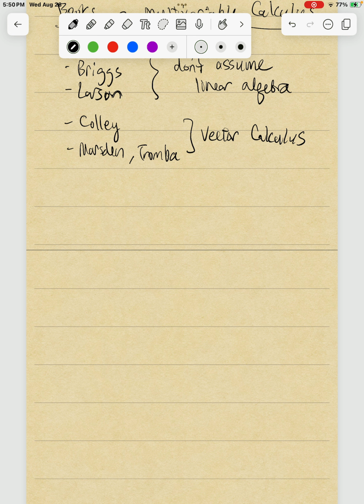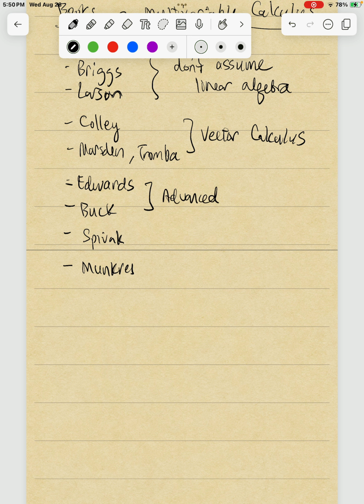There is a book by Edwards. These books often go by the name Advanced Calculus. The book by Edwards is a Dover book. There's a book by Buck. And there's a book by Spivak, Calculus on Manifolds, and a book by Munkres. The books by Edwards and Buck are both called Advanced Calculus. The book by Edwards is pretty good. It's relatively affordable. It's a Dover paperback, and you can get it for about $20.